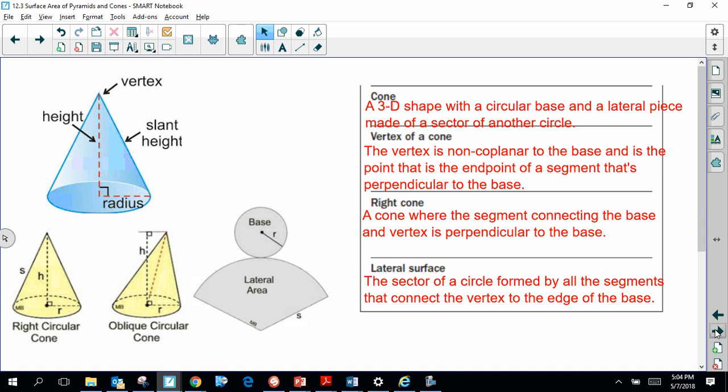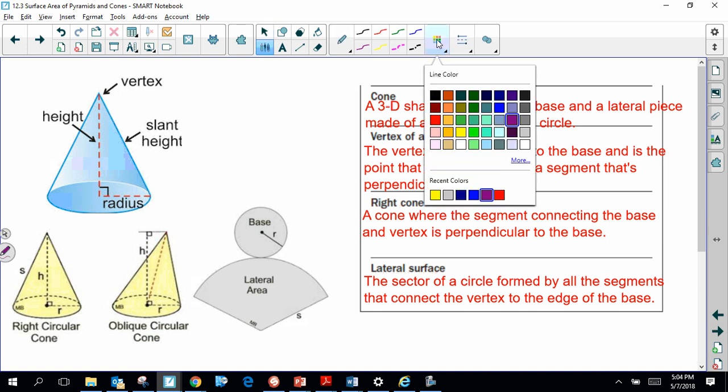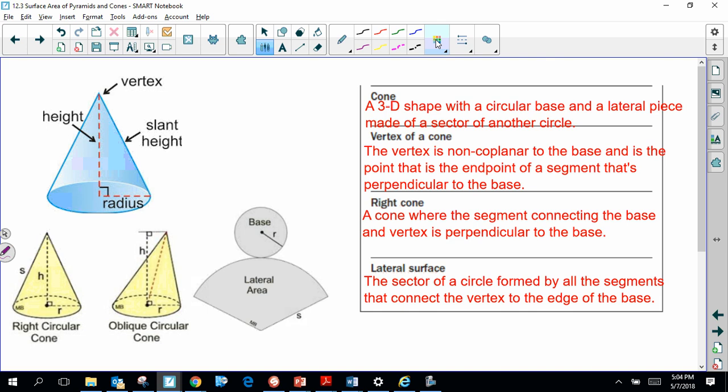And the lateral surface, again, like I explained a second ago, is essentially a sector of a circle that would go around the circular base. So this right here, the arc of the sector would be equal to the circumference of whatever the circular base is.